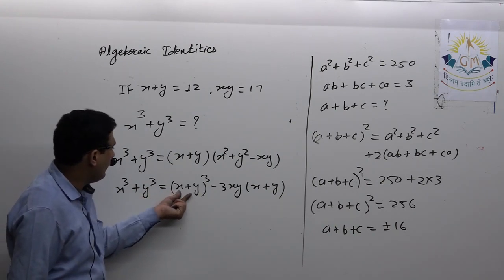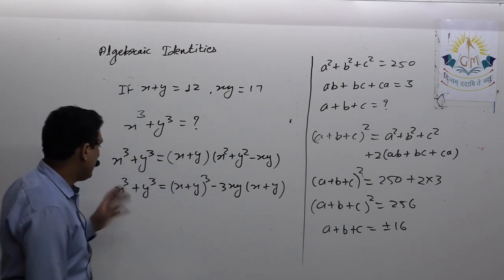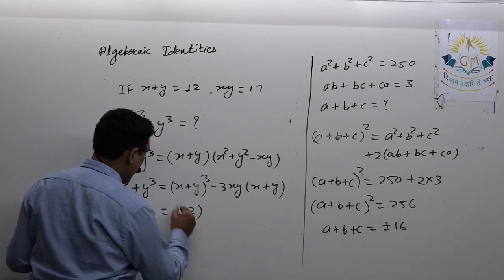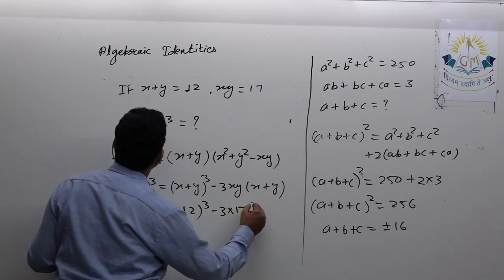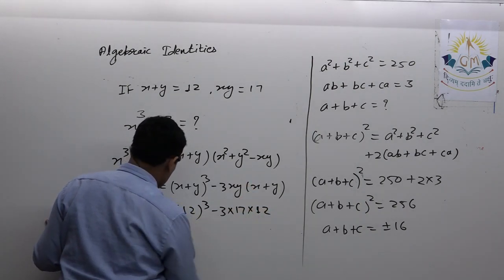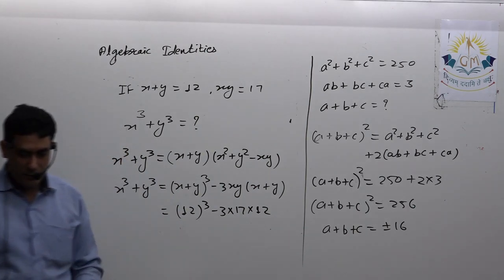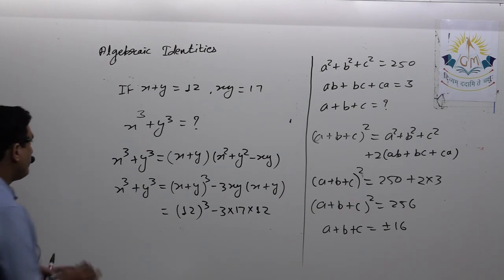I have the value of x plus y and the value of xy, so I will get x cube plus y cube. Putting the values in the second one, it is 12 cube minus 3 into 17 into again x plus y, that is 12. This is only a matter of calculation, so I am leaving it for you to solve on your own. After this we will see the next question.